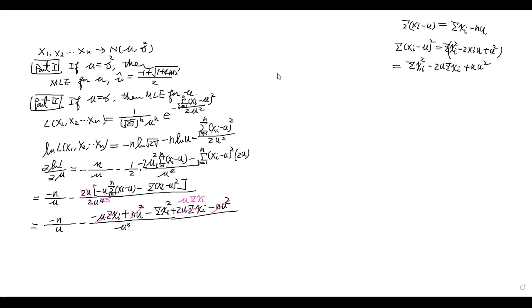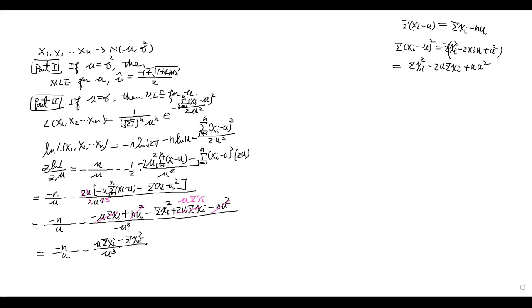Okay, so now we simplify. This will be the negative n over mu minus mu cubed. So I will have mu summation of xi, then minus summation of xi squared.